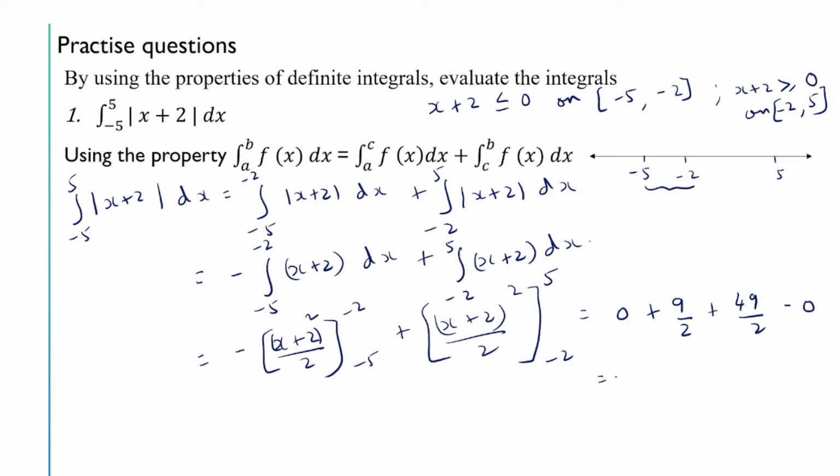So this is equal to 58 upon 2, which is equal to 29. So the integral minus 5 to 5 mod x plus 2 dx is equal to 29. This is how we have to use the property to find definite integrals of modulus functions.